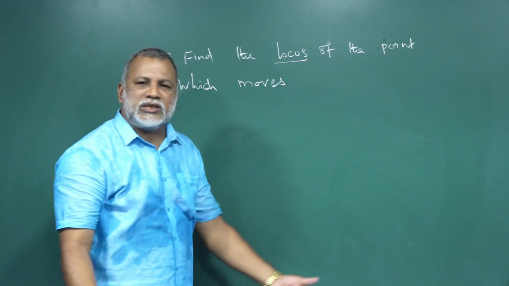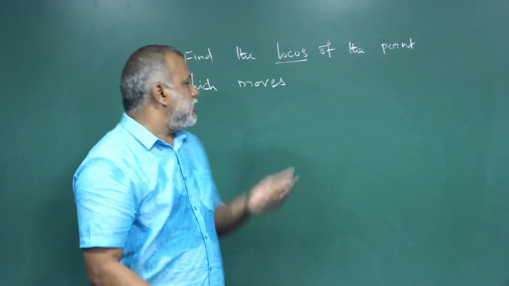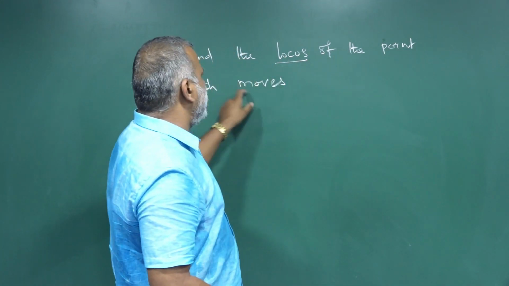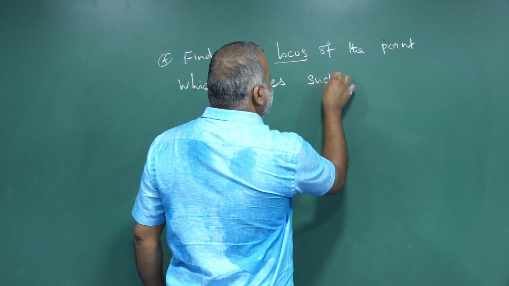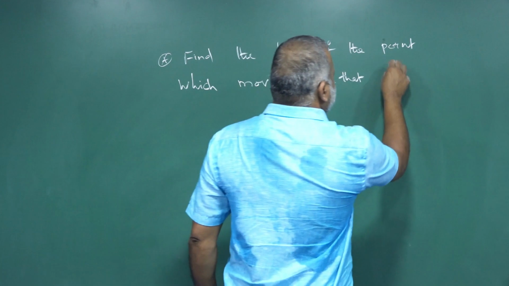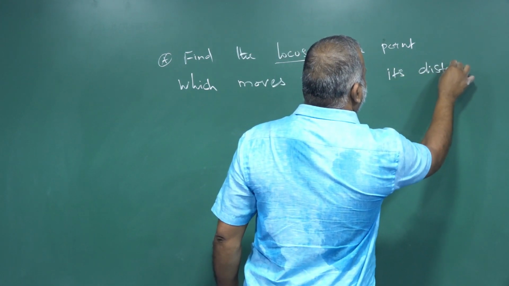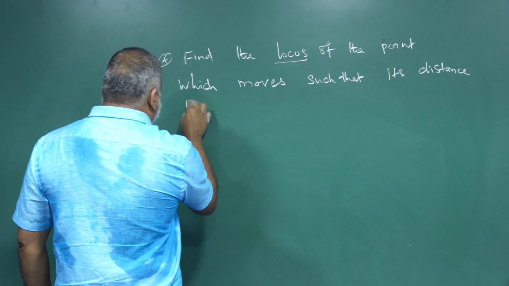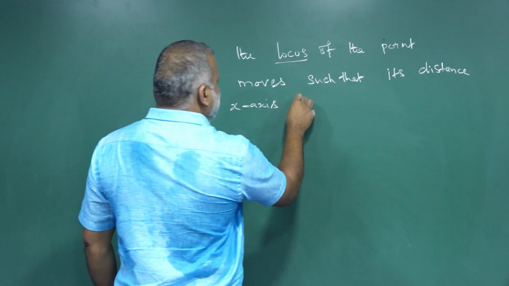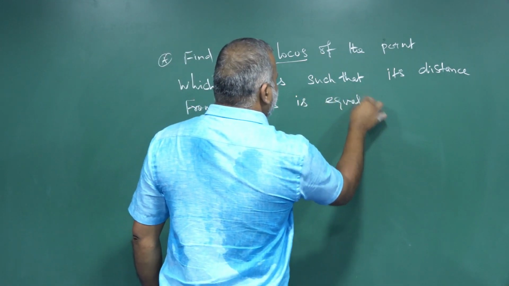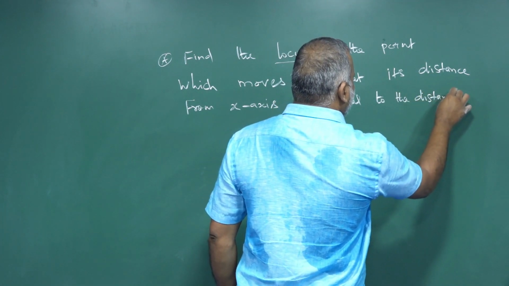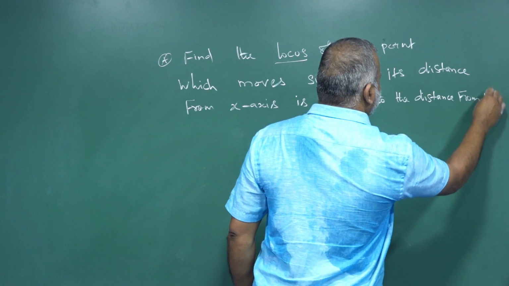So find the locus of the point which moves such that, it has some condition, such that its distance from the x-axis is equal to the distance from the y-axis.